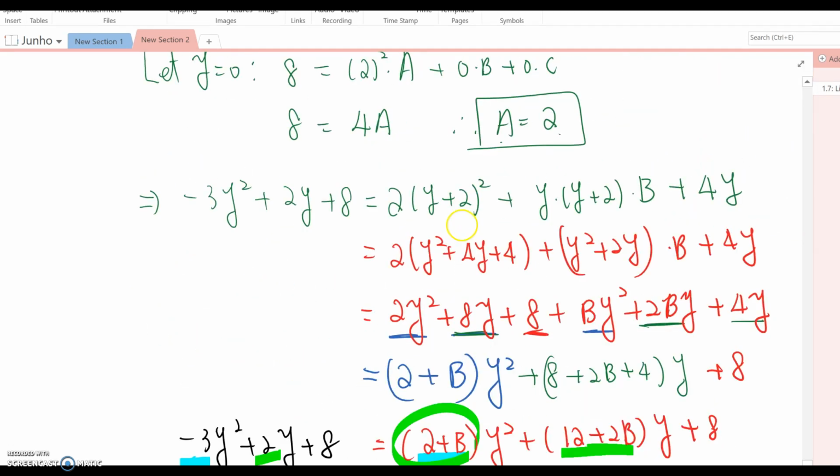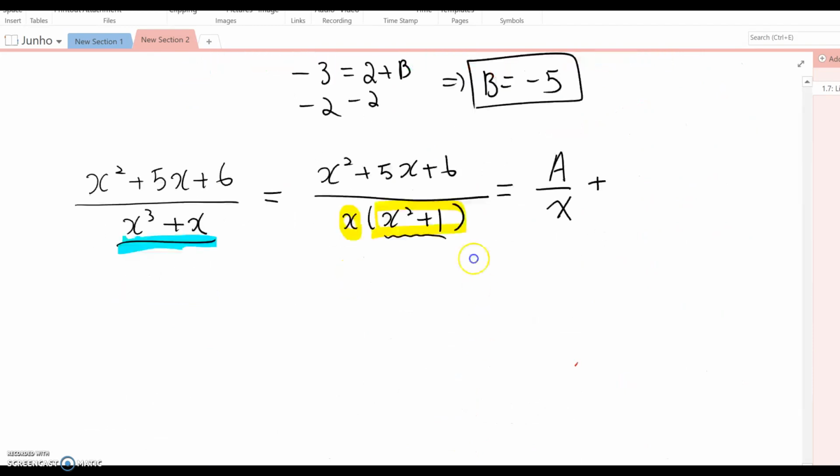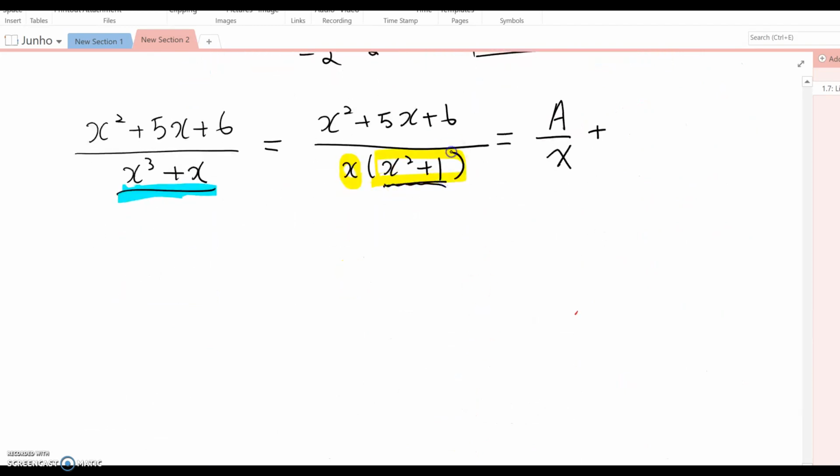We cannot utilize that method this time because it is not squared. It's just one expression, no longer factorable. Therefore, for the numerator you must write one degree less, which is Bx plus C over x squared plus 1.